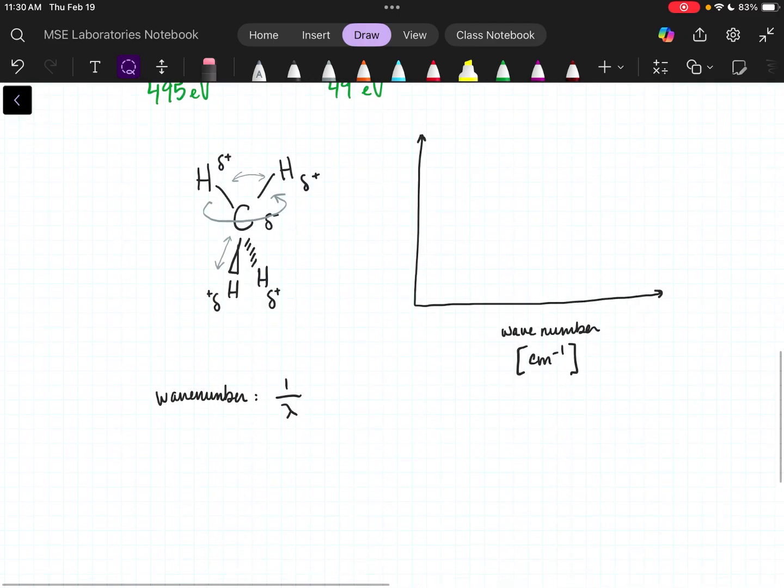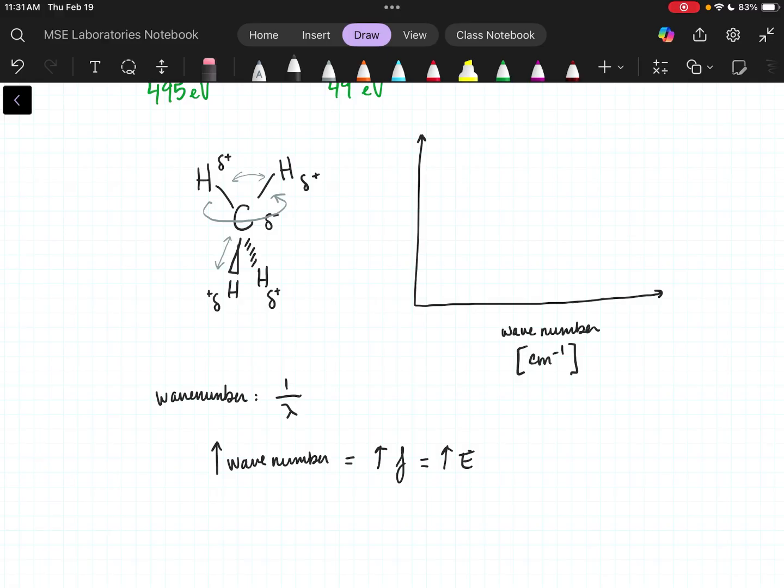If you remember from up here, we've got a larger wavelength is the same as a smaller frequency and energy. So these are inversely related, these two. So by flipping the wavelength upside down, I create this inverted relationship. So now I have a higher wave number is equal to a higher frequency, which is the same as a higher energy.